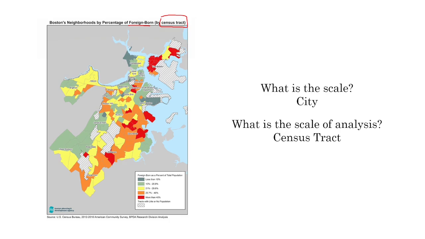Now, what are census tracts? You may have never heard of that before. Census tracts are the regions within a city, a town, literally everywhere throughout the 50 states where census data is linked. They can link census data to an entire state or to an entire county or even an entire city like Boston.